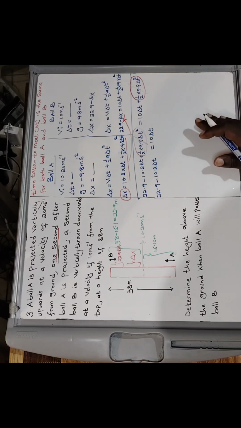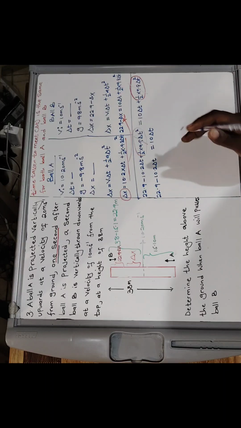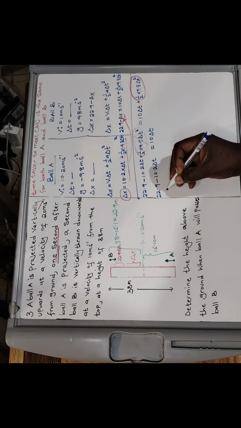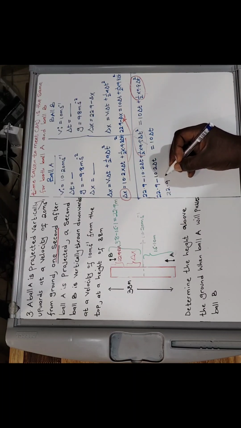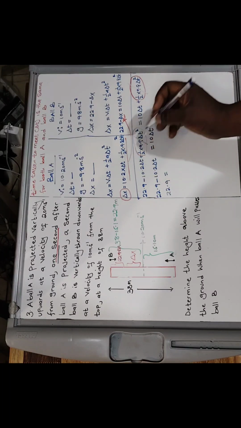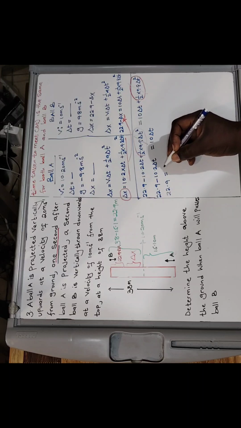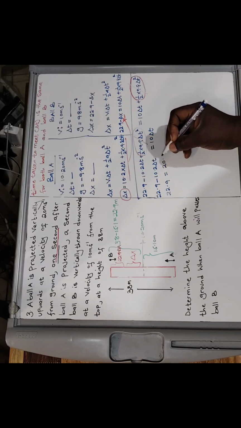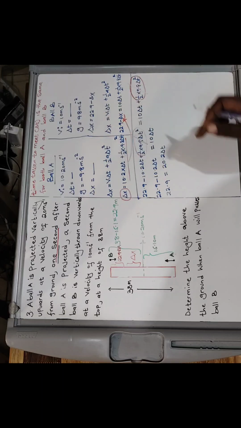So what do you do? You collect like terms, and you get 22.9 giving you 20.2 delta t. This one has gone that side to add there.